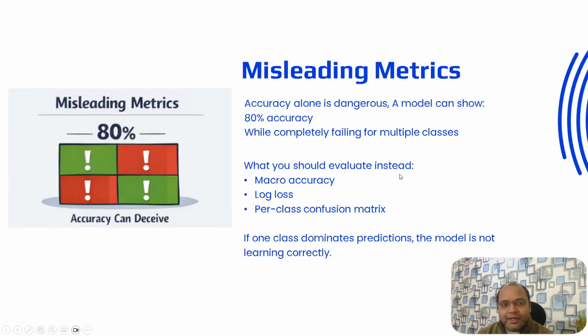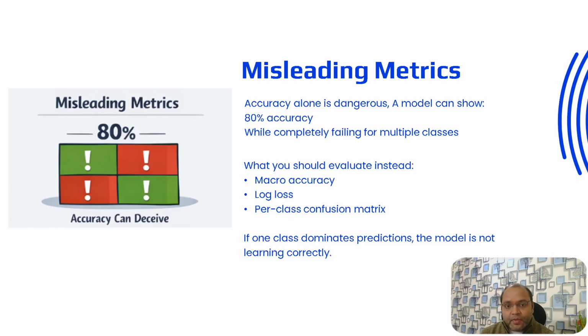Next, misleading metrics. Till now you understood binary classification, where you know the confusion matrix, a 2 by 2 matrix. You see this confusion matrix plays a very important role. But this could mislead you if you depend completely on accuracy.